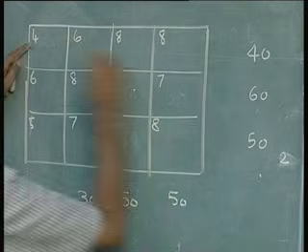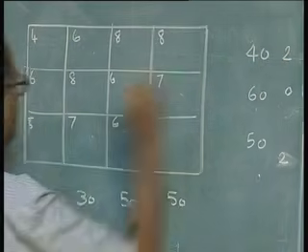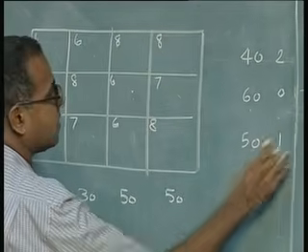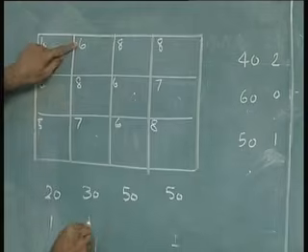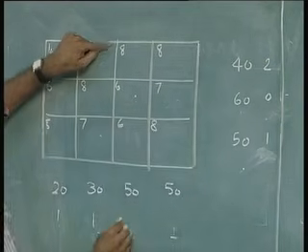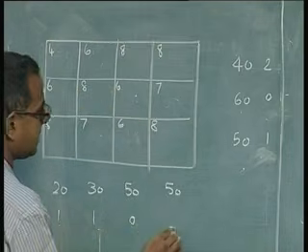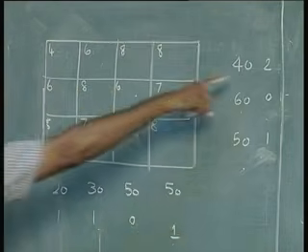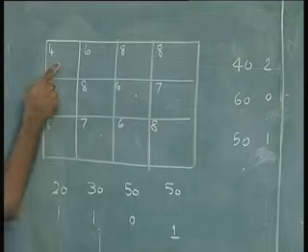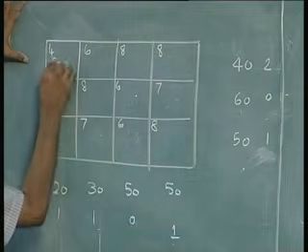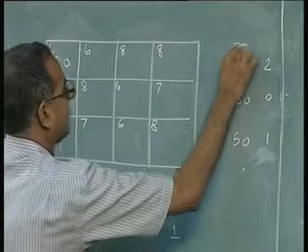So the penalty is 6 minus 4, 2; 6 minus 6, 0; 5 minus 6, 1; 5 minus 4, 1; 7 minus 6, 1; 6 minus 6, 0; 7 minus 8, 1. This has the maximum penalty. So choose this row, this is the minimum cost position, 40 available, 20 required, put 20, this goes, this becomes 20.